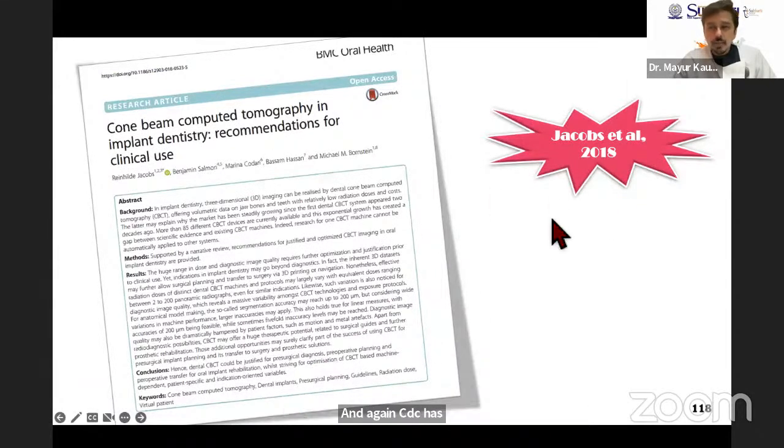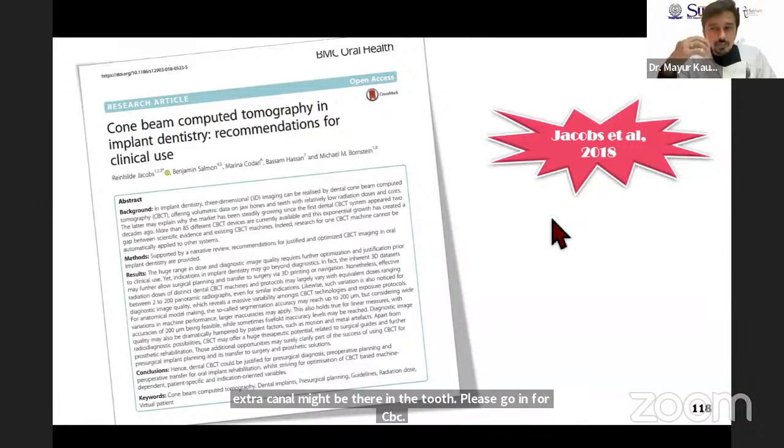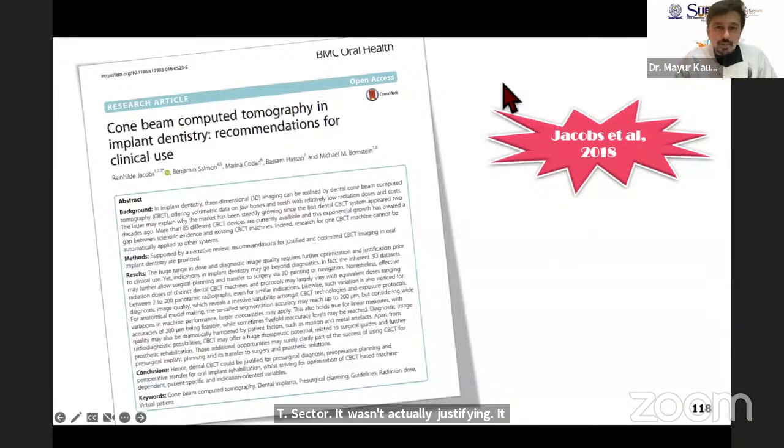It has revolutionized because after implant dentistry only, CBCT actually came in the limelight in dentistry. Initially, no matter how much we were telling that some extra canal might be there in the tooth, please go in for CBCT, etc., it wasn't actually justifying the cost, the economic feasibility, because the entire treatment procedure of RCT wasn't that expensive.